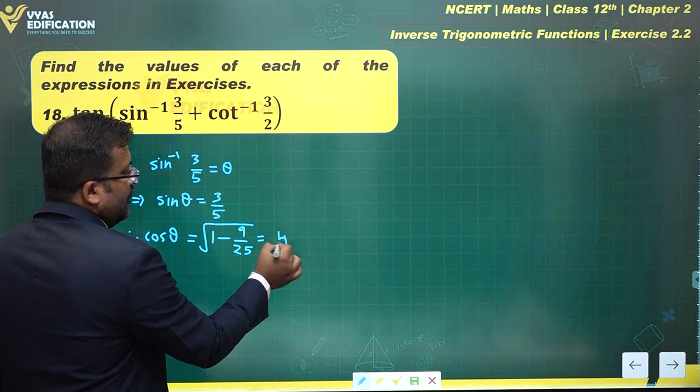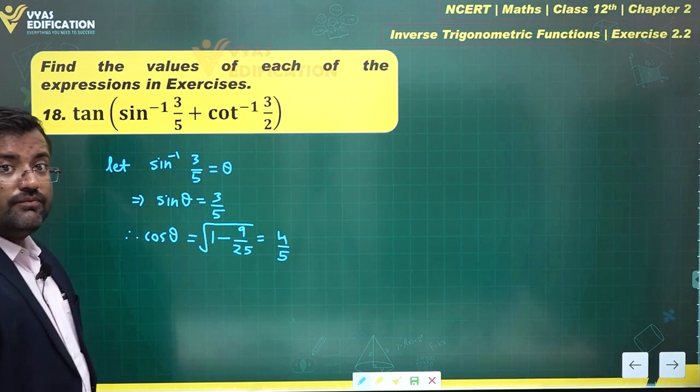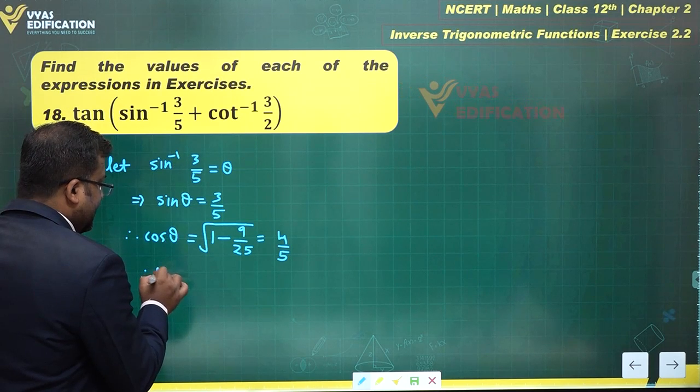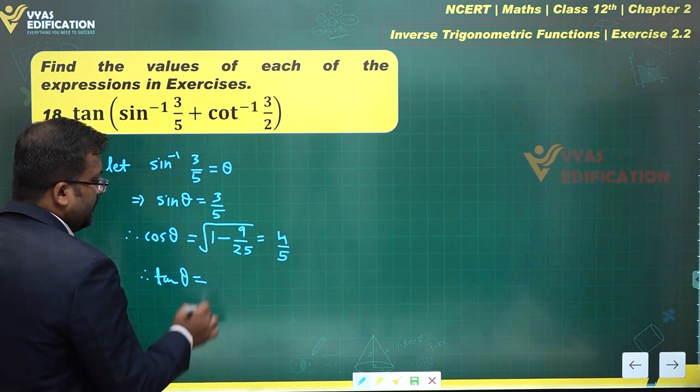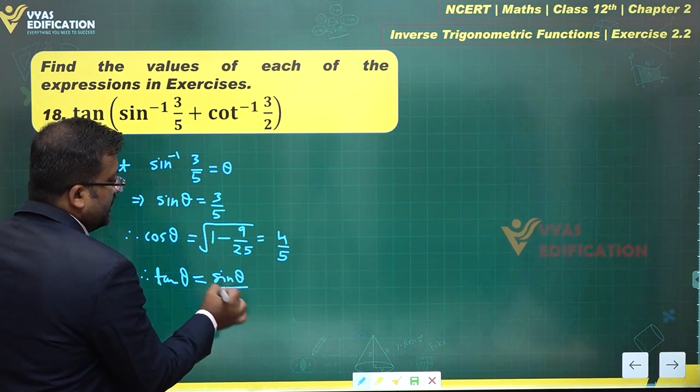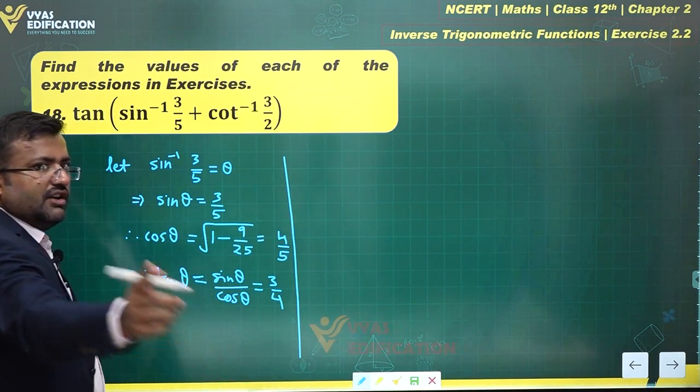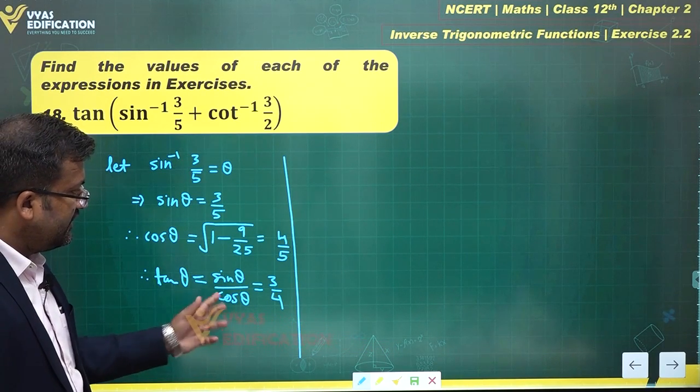What is that? This is 4 by 5. Sin theta is 3 by 5, cos theta is 4 by 5. Therefore, tan theta is equal to sin theta over cos theta, which is equal to 3 upon 4. That's the first thing that you get over here.